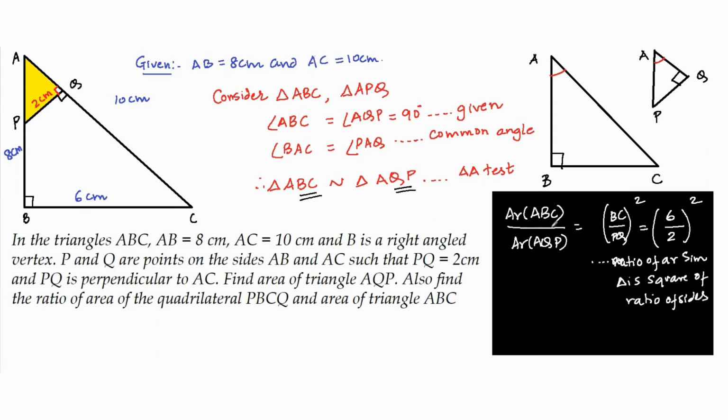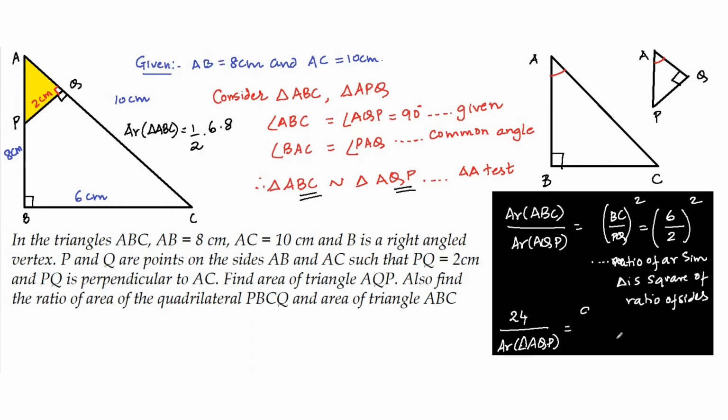Now area of ABC can be found out using half into base into height. So let's find area of ABC here. Area of triangle ABC will be half into, the base is 6 multiplied by the height. So this is going to be 24. Therefore the area of triangle ABC is 24 square units divided by area of triangle AQP. This is going to be 6 upon 2 is 3.